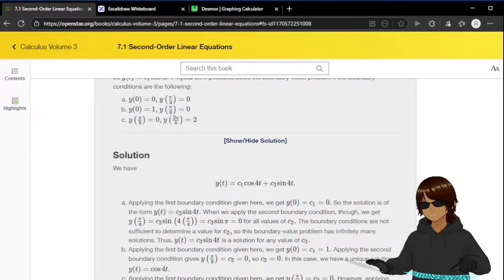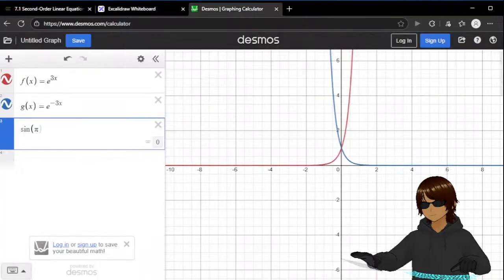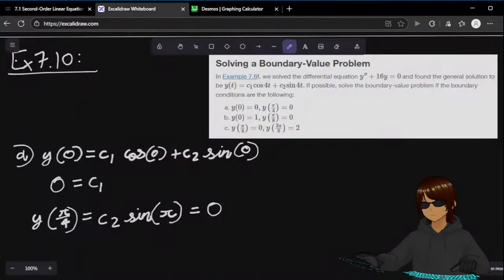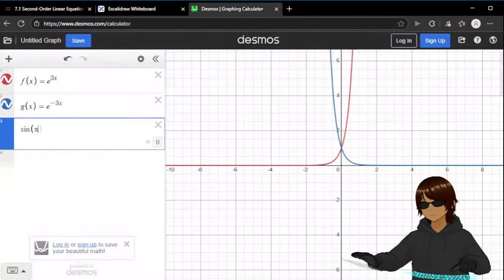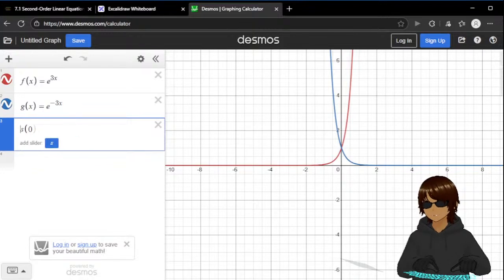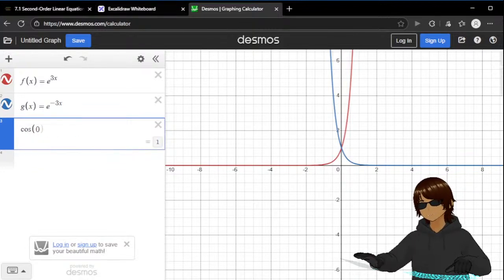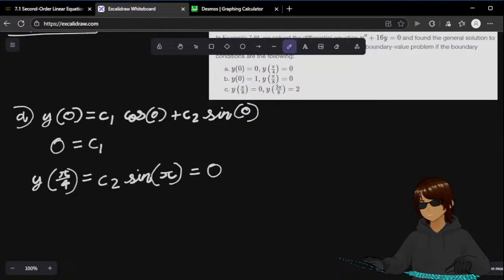Thus, this is a solution for any value of C2. Hold on, cos 0. I don't know why I was so confused. Okay, anyways.